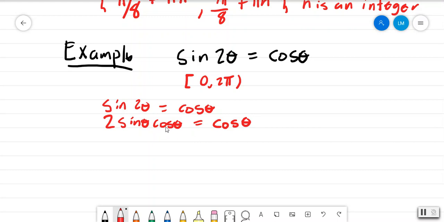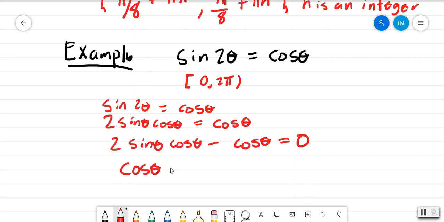So we just subtract and we get that 2 sine theta cosine theta minus cosine theta equals 0. So this gives us cosine of theta multiplied by 2 sine theta minus 1 equals 0.